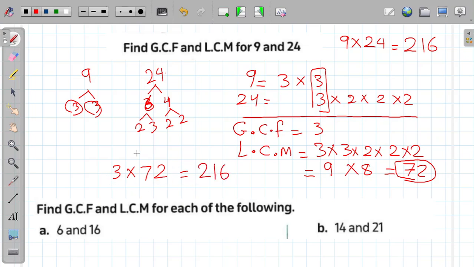So the product of the greatest common factor and the least common multiple equals the product of the given two numbers. So the equation is right.